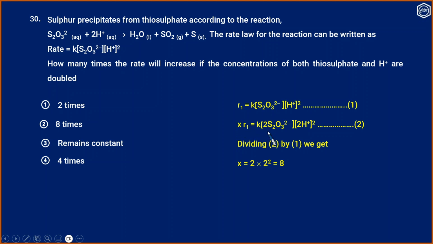So X into R1 equals K into 2 S2O3 2 minus into 2H plus raised to 2, and we get equation 2. Now we divide equation 2 by 1. We get X as 8. So the rate will increase 8 times.